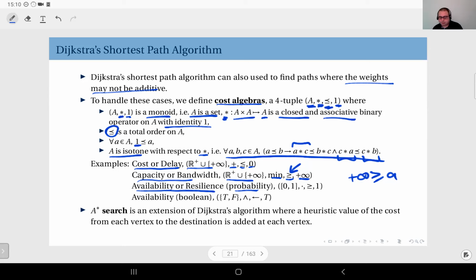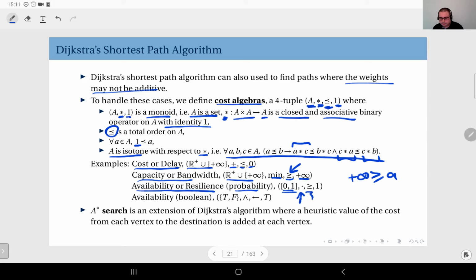So that's a probabilistic system, and you assign values between 0 and 1 because that's the set of values a probability can take. And now your operation is not addition, it's not minimum, but it's multiplication. If you define the probabilities as probability of correct transmission, the probability of the correct transmission from the source to the destination is going to be the product of all those probabilities along the way.